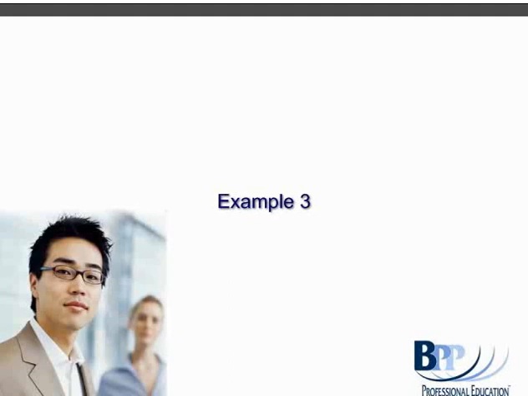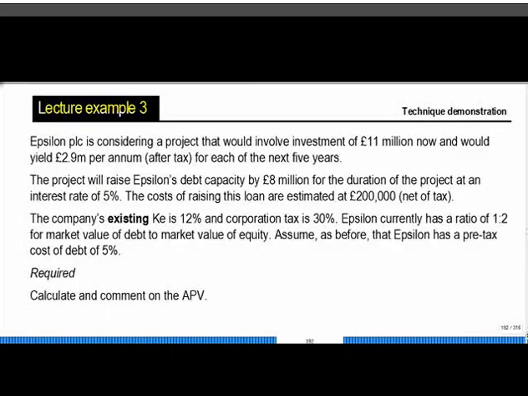Lecture example 3 is the same as lecture example 2, except that it's been slightly rewritten so that you're given the cost of equity that it currently has, and this is a geared cost of equity because the company has debt. But you're not given a beta factor, so you cannot ungear the beta. In this case, where you're trying to do step 1 in APV, you'll need to find another way of calculating the cost of equity ungeared.